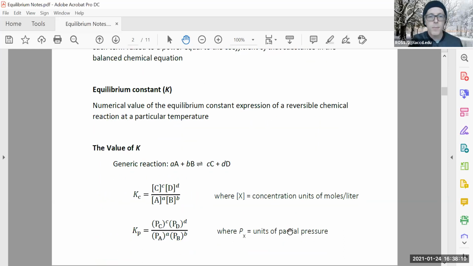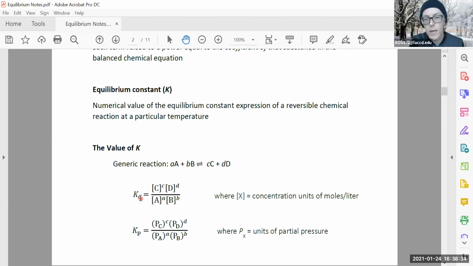Okay. So we can come up with general expressions. In general, if you take an equation that says you have a moles of A, b moles of B in equilibrium to give c moles of C and d moles of D, in general, you can have the equilibrium constant Kc with respect to concentration.